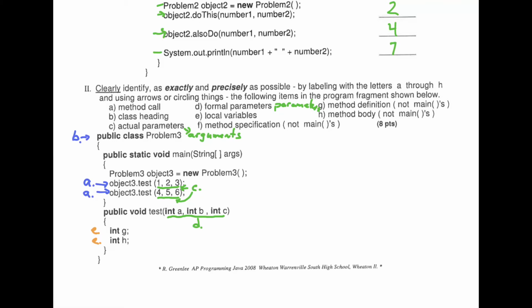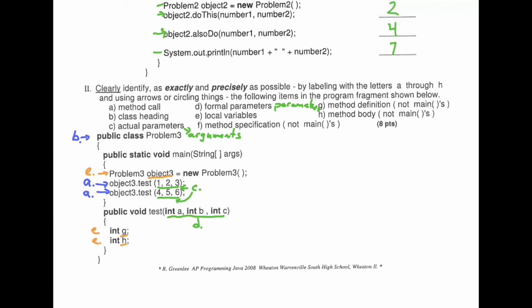Also, we have object 3, which is going to be a local variable because it can only be used in that main method. I'll underline those local variables as well.